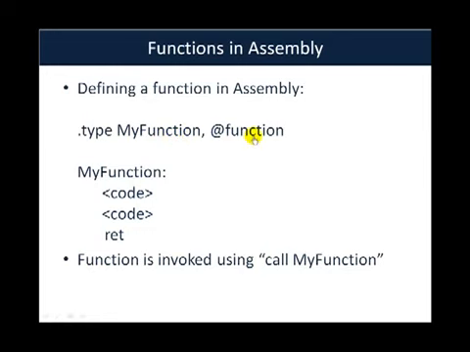Once this directive has been given to the assembler, you can define the my_function label anywhere in your code and then have those lines of code. And finally, once the function is done, you need to compulsorily have a ret statement at the end of the function. This is synonymous to the return statement which you would write in a C program.